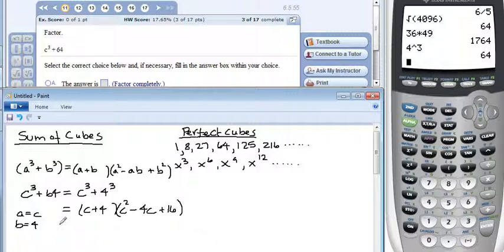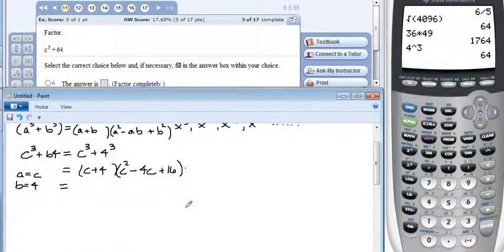To check, well, it's a little harder, because I have to multiply my c through, then multiply my 4 through, and combine my like terms. But we better do that on our first one anyway. So multiplying my c through each term, I have c cubed, that's my c times my c squared, then a negative 4c squared, then a positive 16c.